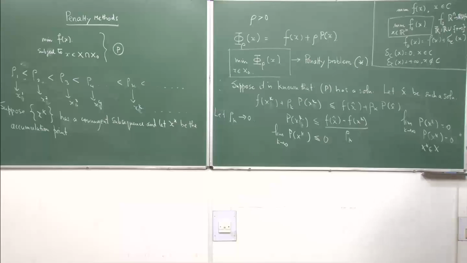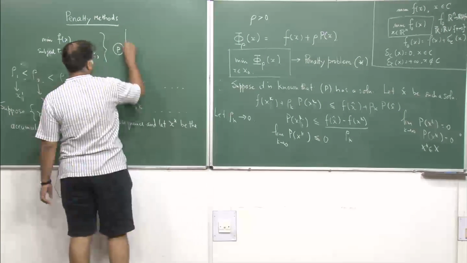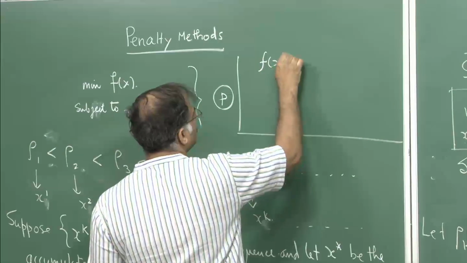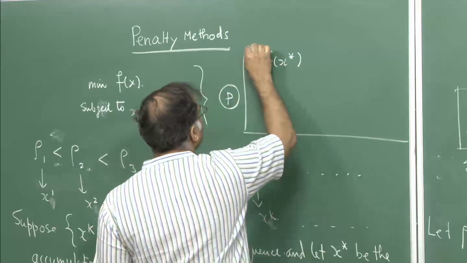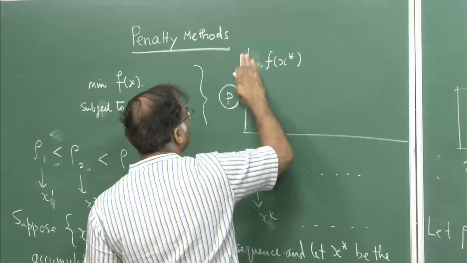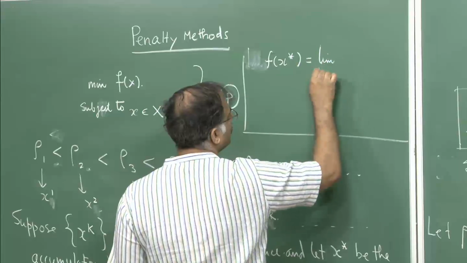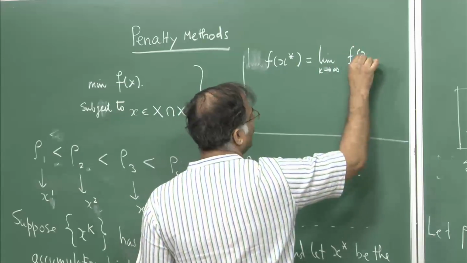Now, it is only left to show that x star is a solution of the original problem. So, let us see how this can be shown. So, f of x star can be viewed as the limit as k tends to infinity of f of x k.